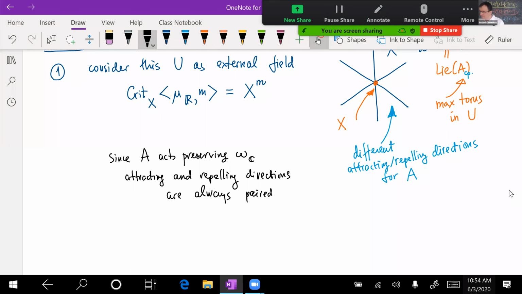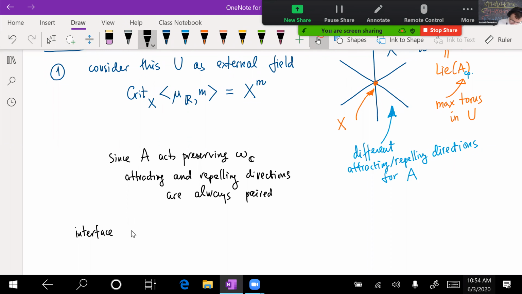All right, so we would like to have an interface, in this language, between these two things.